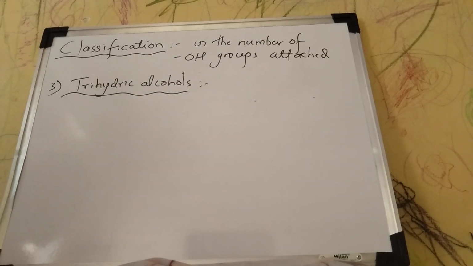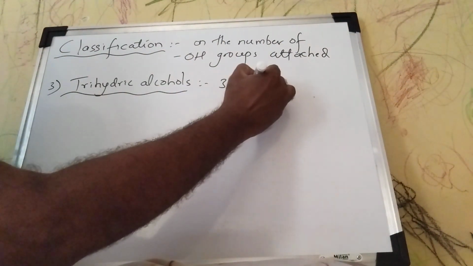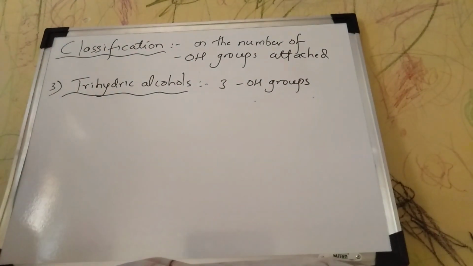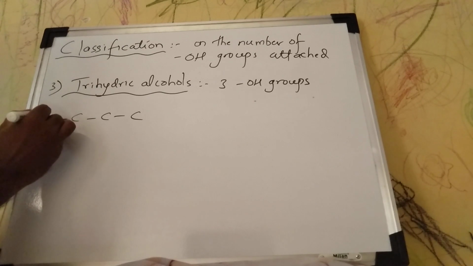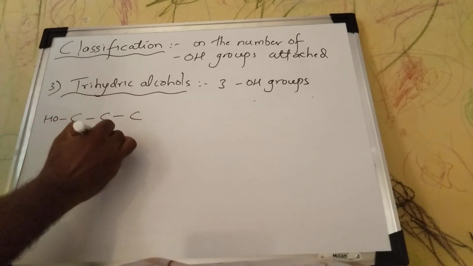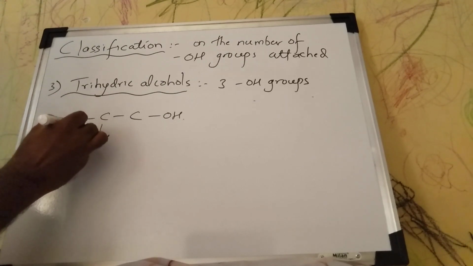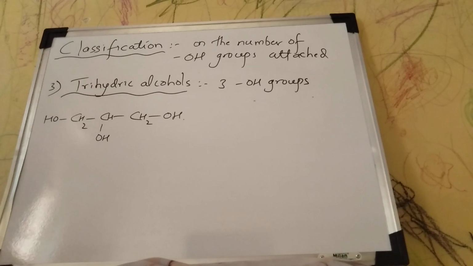Now this contains three OH groups situated at different carbon atoms. Here OH, OH, OH, CH2, CH, fill in the valencies, three OH groups.